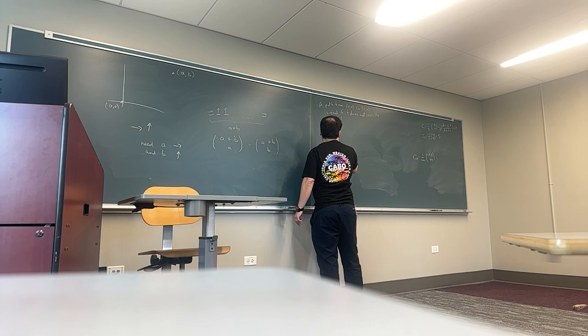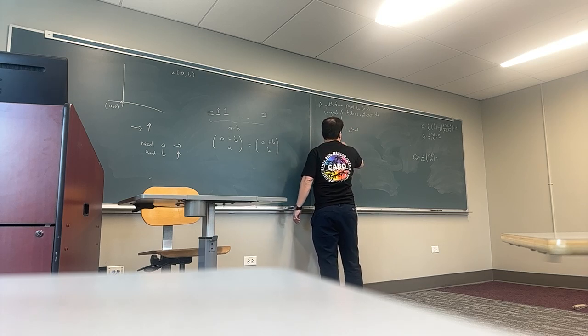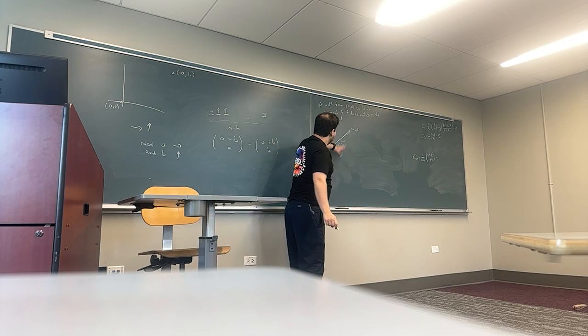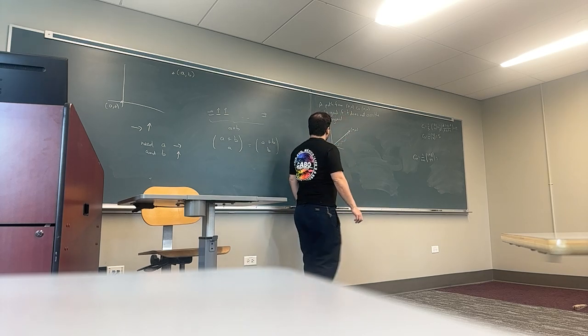Alright, so you have 0,0 here, you have n there, you have the diagonal connecting these two, and you have a path that can touch the diagonal but never crosses through. Alright?